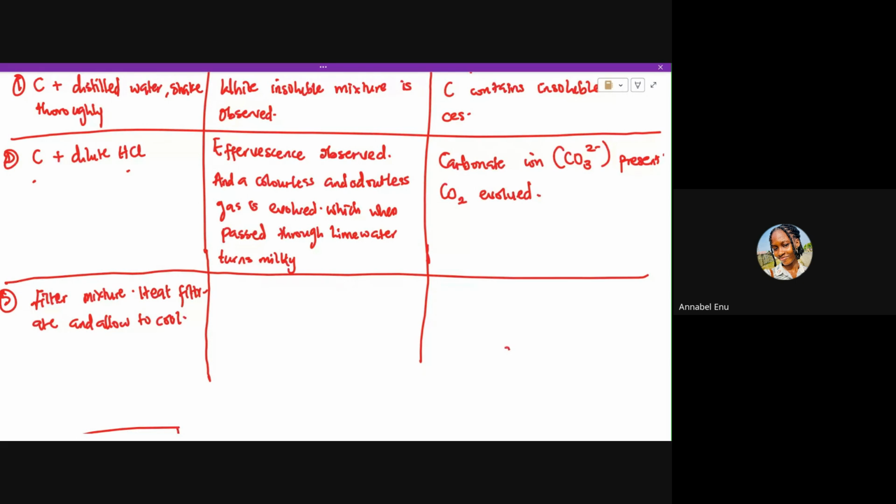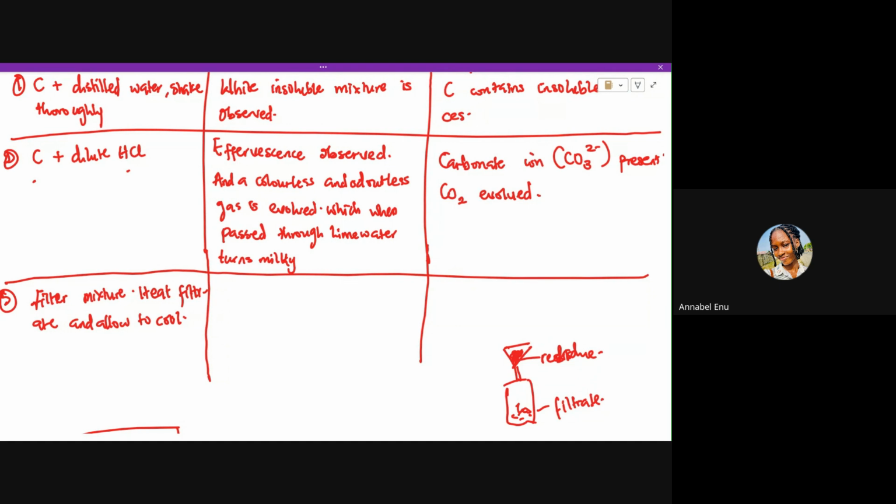Okay, so we know that, like I said, when we filter, the substance that is remaining in the funnel is called what? Residue. And the liquid that is being filtered is what the filtrate is. So it is this filtrate that would also still be containing a mixture; it won't be just a single component, because it was one substance dissolved in another already before.